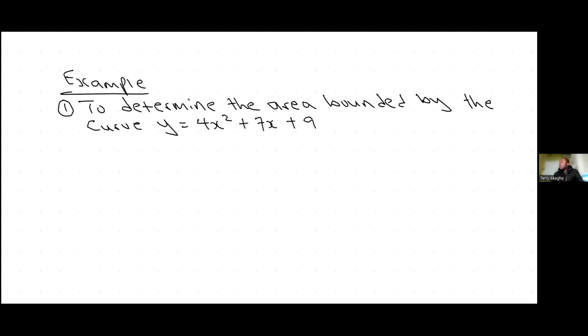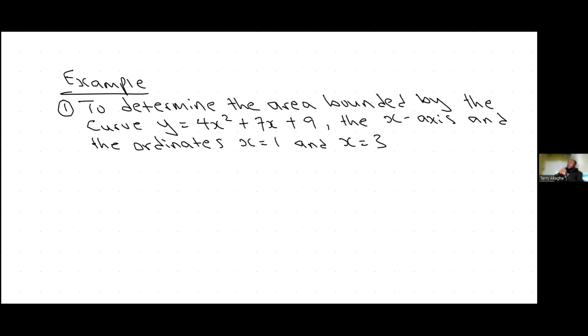The x-axis, for this curve, and the ordinates at x is equal to 1 and x is equal to 3, okay?